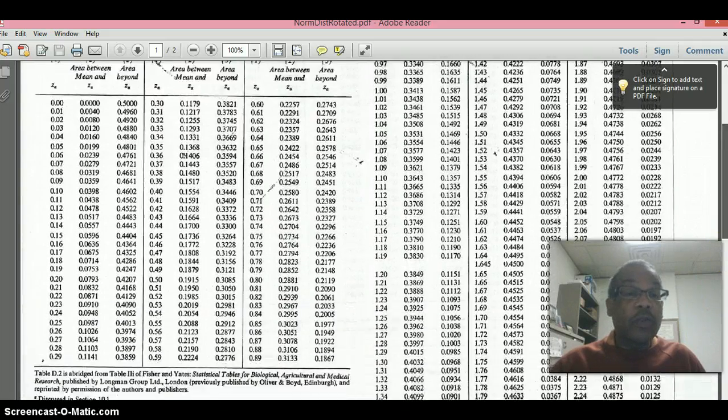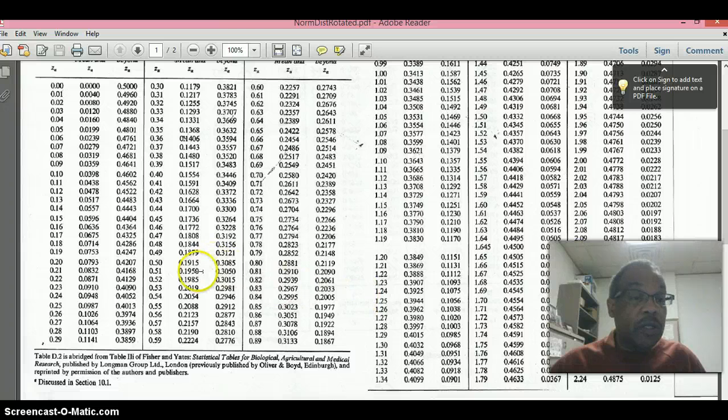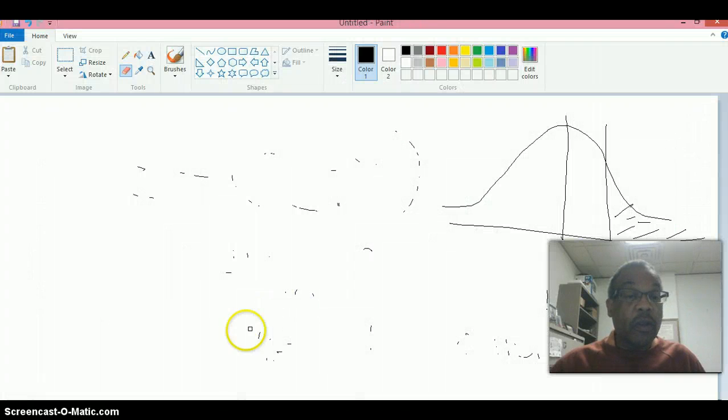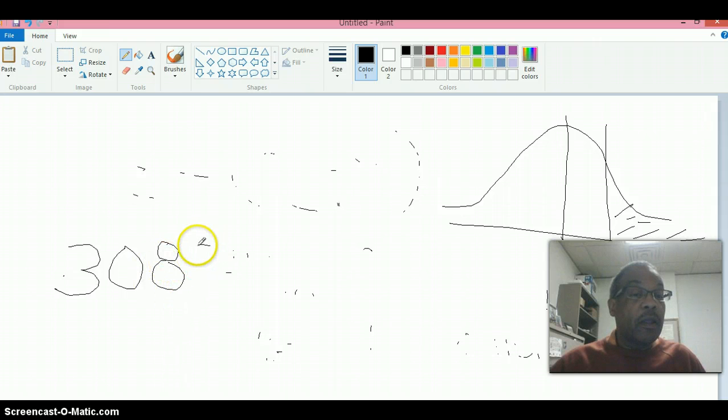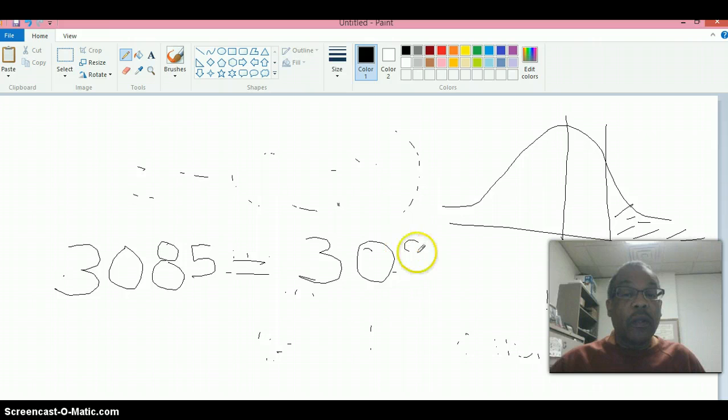The z-score you should have gotten is 0.5, so the answer should have been 0.3085. Let me write that here: 0.3085, which is equal to 30.9%.